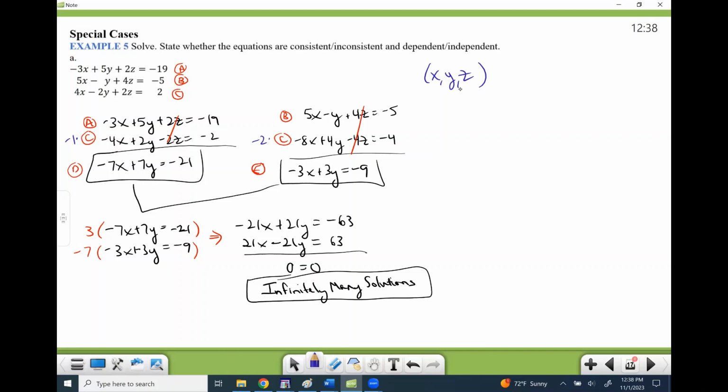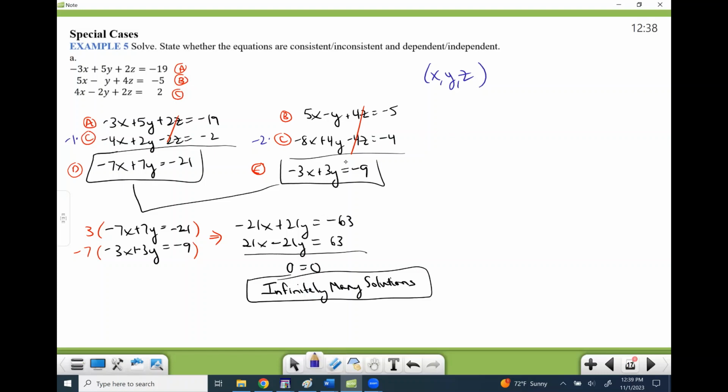So to give you some examples of what I mean, like maybe you'll fix the x, and so these other two have to be in terms of x's also. So I'm just making some junk up right now to show you that everything has to be an x. And it doesn't have to be x's. It could have been that you decide to fix y, or z. It just depends on what you're given and what's going to be the easiest to isolate, okay?